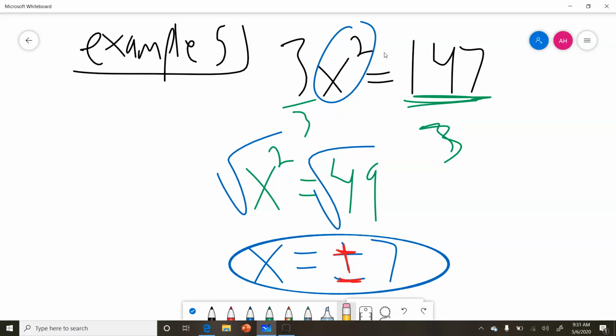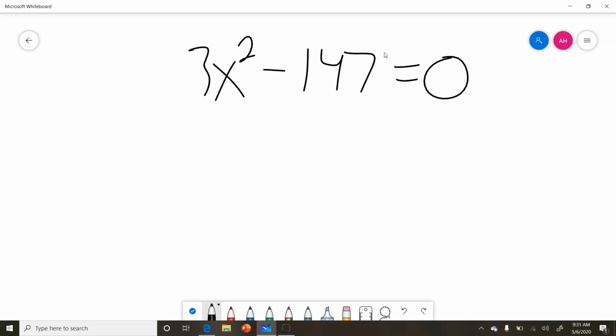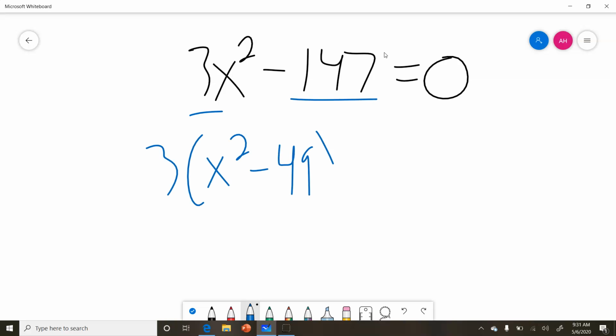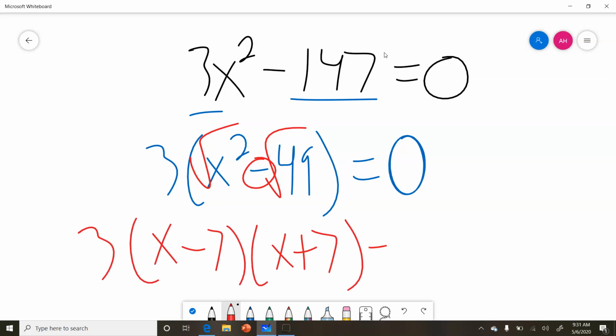But here's the way that they show you to do it. So same example, 3x squared. What they do is they move the 147 and set it equal to 0. Then they factor the 3 out of it and get x squared minus 49 equals 0, right? Then they say, oh, this is a difference of squares, right? We can take the square root of both, and we get 3 times x minus 7, x plus 7 equals 0.